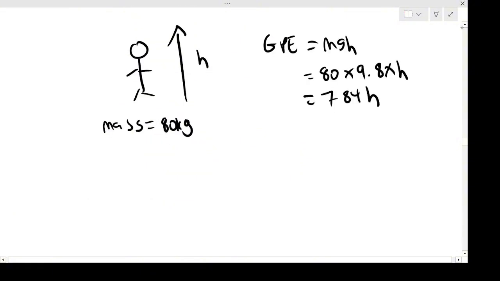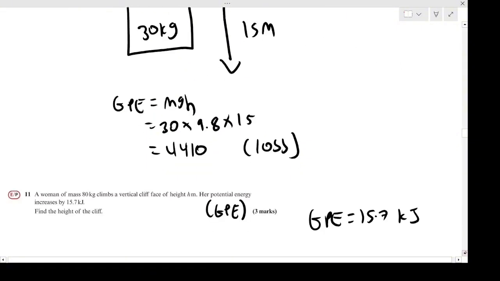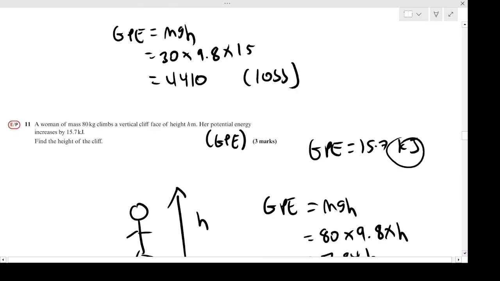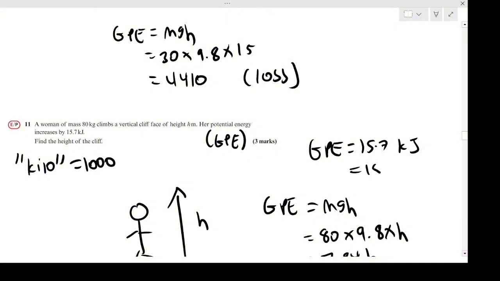Now it's kilojoules, so if you remember kilo, as in kilograms or kilometers, it means 1,000 lots. So to get it in joules, we need to times by 1,000. Let me do that. This would be 15,700 joules, and that we can use.